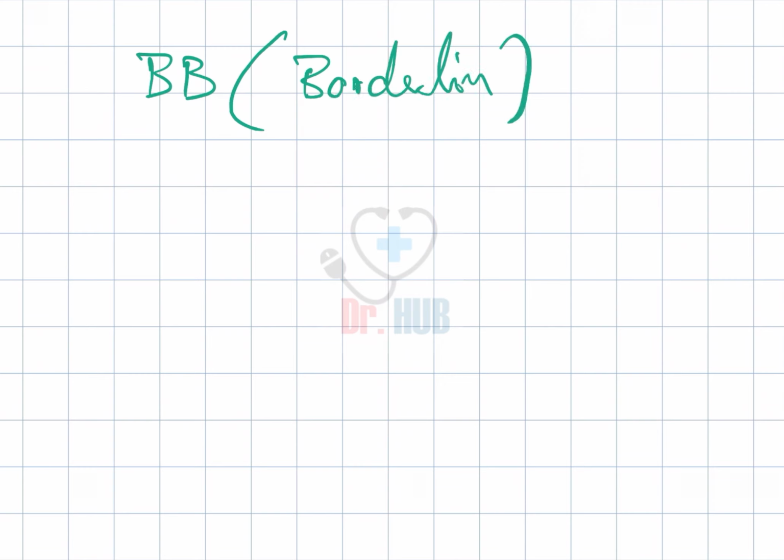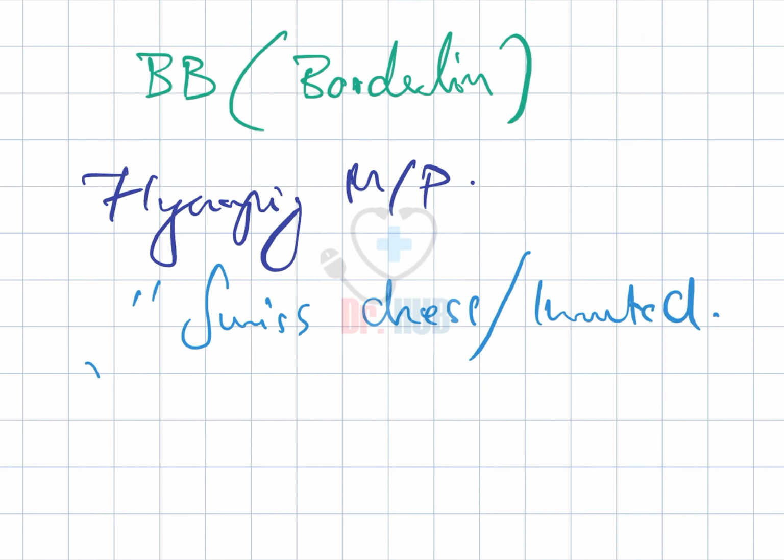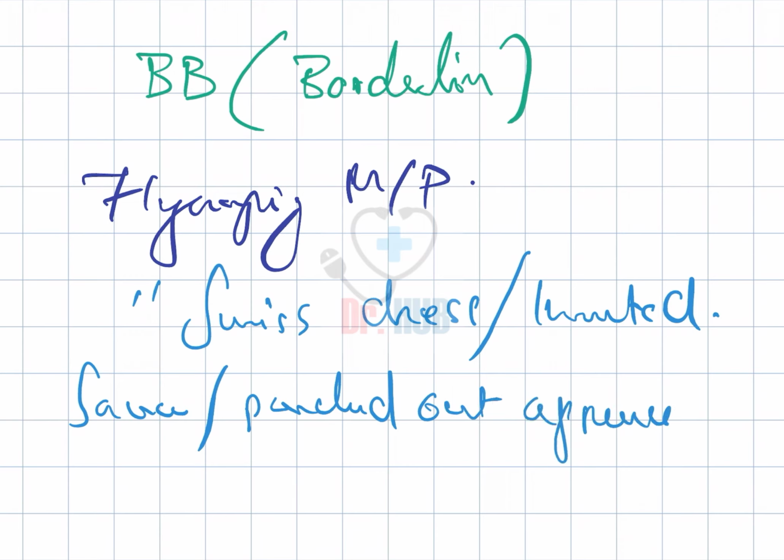Next, moving on to the third level of classification, that is BB. It's nothing but the borderline. It has hypopigmented macules and plaques, and another key term is Swiss cheese or inverted saucer or punched out appearance, and the number is usually 10 to 30.